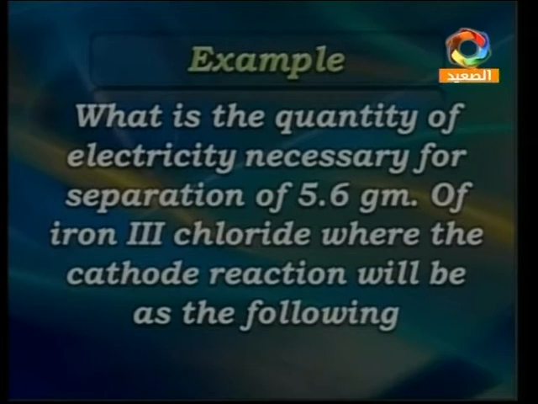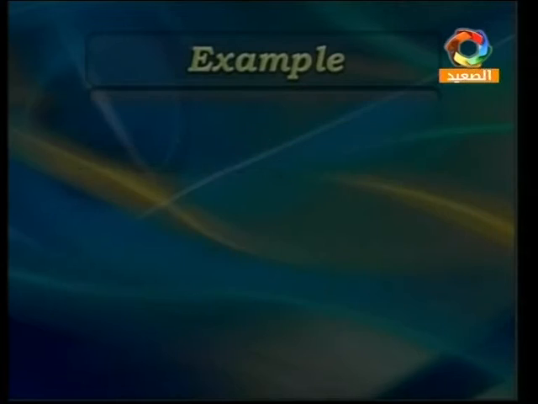Another example: what is the quantity of electricity necessary for separation of 5.6 gram of iron 3 chloride? Again, how many coulombs are necessary for separation of 5.6 grams of iron 3 chloride, where the cathode or negative charge reaction will be as follows.